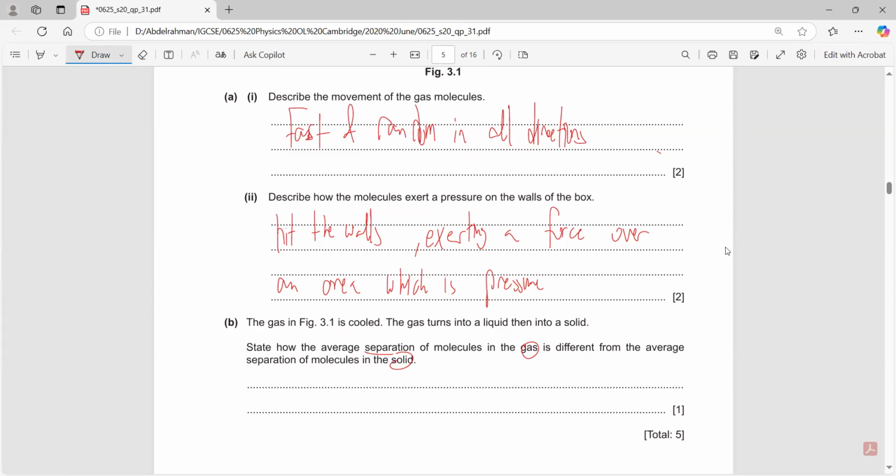In the gas, they are very far apart, but in the solid, they are very close. You can say they are touching. You can say closely packed. Right? Closely packed.